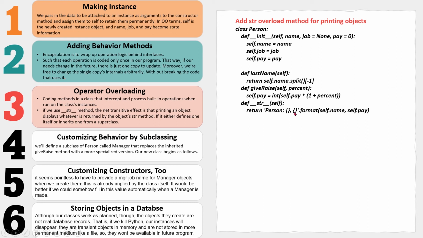So now when I print an object, I want to get this type, like it is a Person class, and then whatever that object consists of, the name of that object and then the pay of that object. That's how I wanted to customize the display format for the object print.